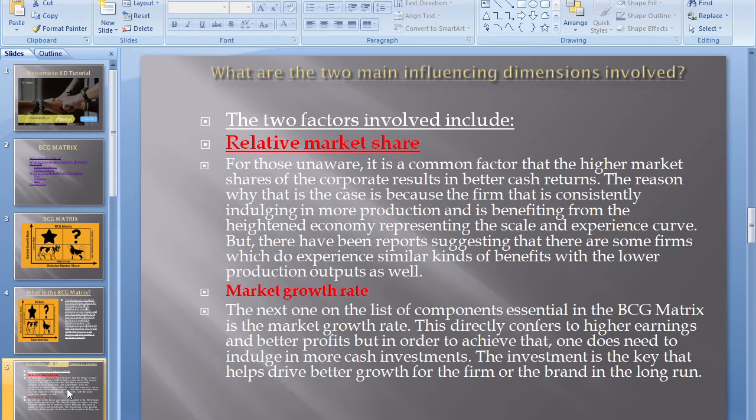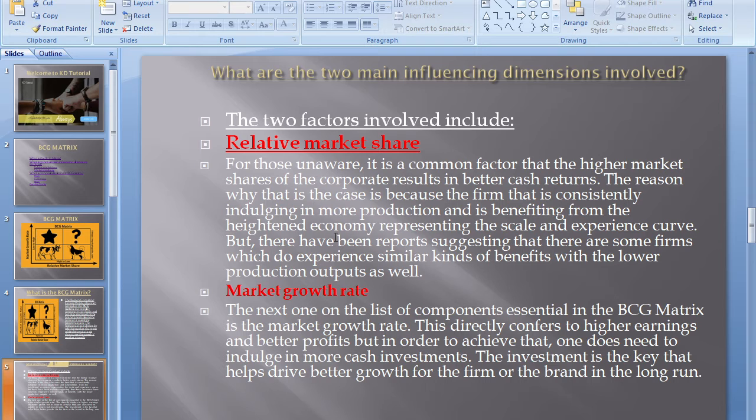Next, there are two factors involved in the BCG matrix. First is relative market share and second is market growth rate. Relative market share is a common factor: the higher the market share, the better the cash returns. It means that a company knows which product brings the cash returns.